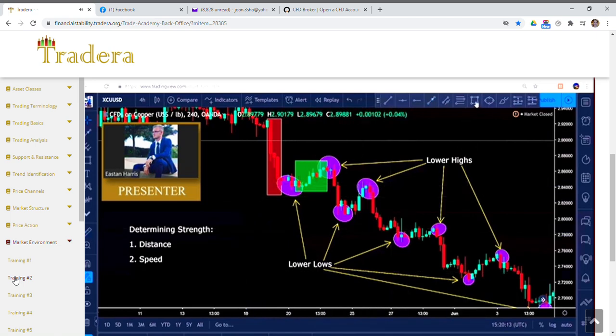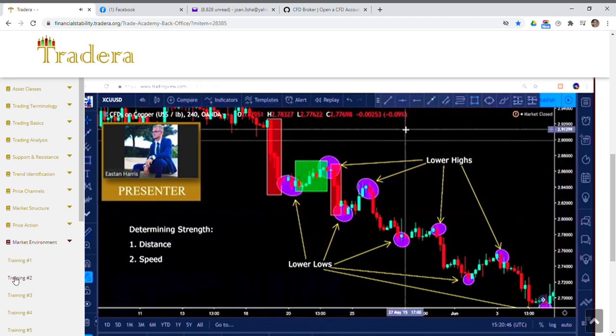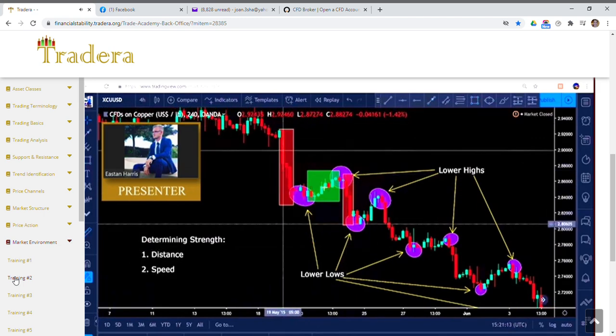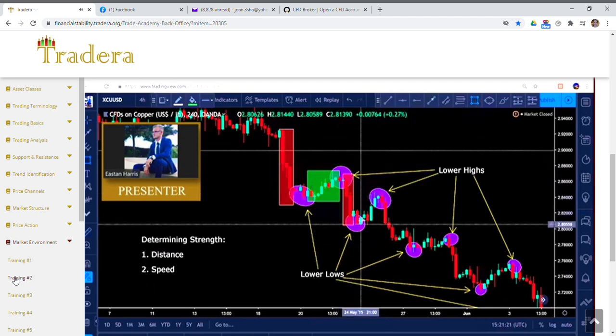Let's be fair. Let's give these buyers a fighting chance here. The sellers travel from A to B in 2 candlesticks, 8 hours. In 8 hours, copper dropped 650 points. Now, here we are with the buyers.